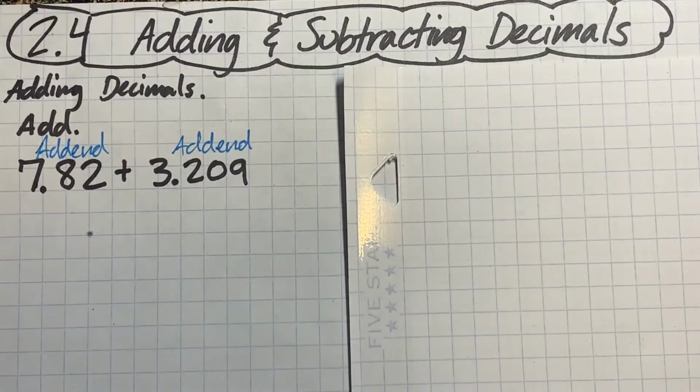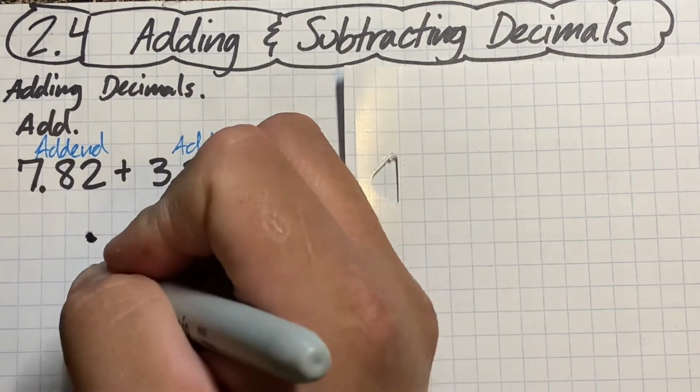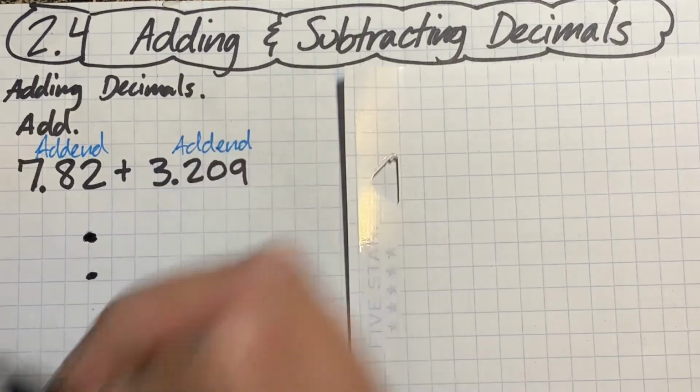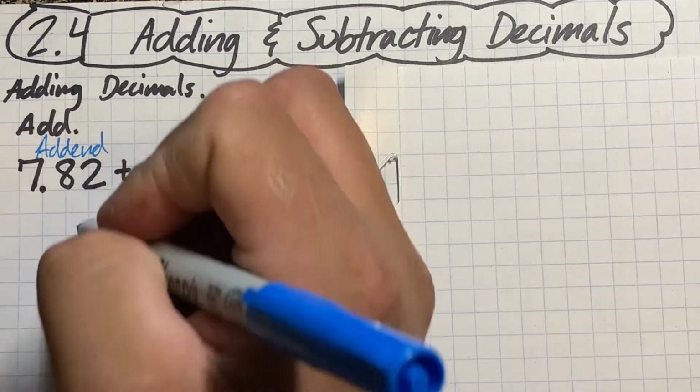All right, so with lesson 2.4, we're going to be adding decimals for our first problem. Now we have the add-in 7 and 82 hundredths plus the add-in 3 and 209 thousandths. The first thing we do is go ahead and align the decimal points. So I'll put a decimal point there and a decimal point here. Next, we're going to write everything the way it is written.